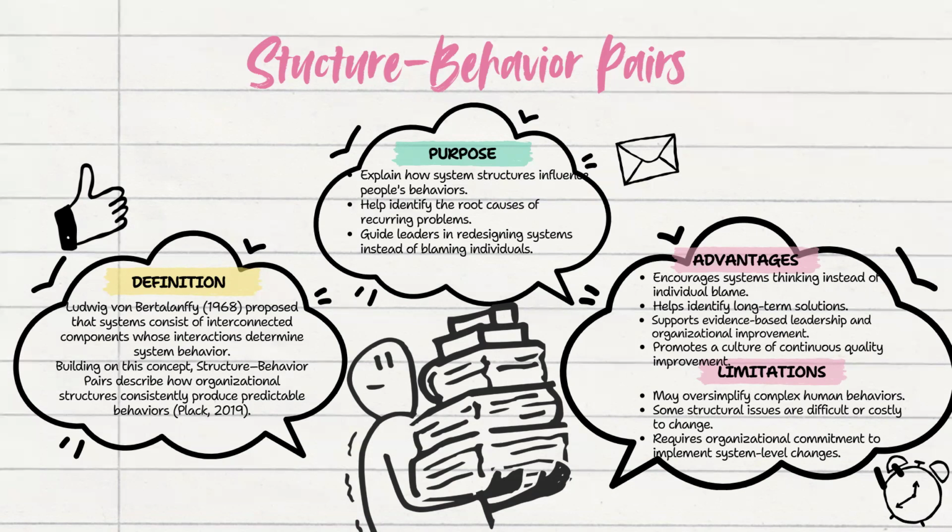One limitation is that changing organizational structures often requires leadership support, time, and resources. Not every structural problem can be solved quickly. Nevertheless, it reminds us that sustainable improvement begins by improving the environment in which people work, not simply asking people to work harder.